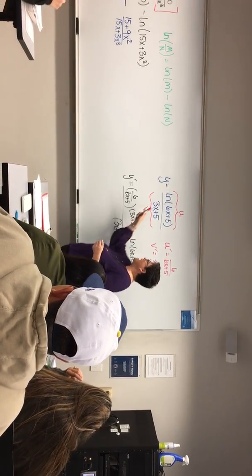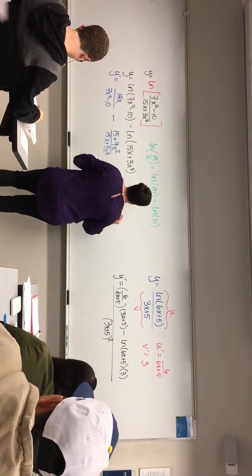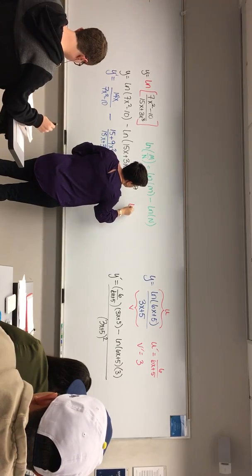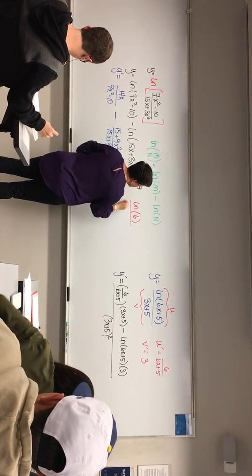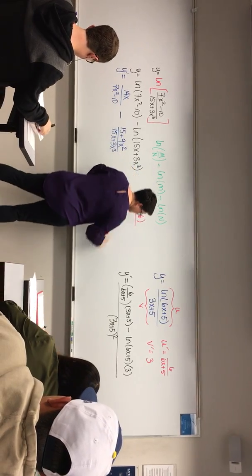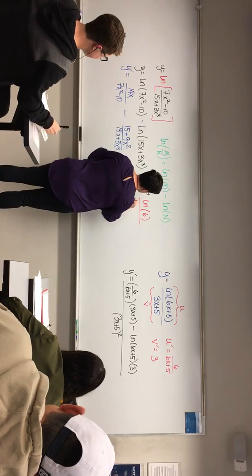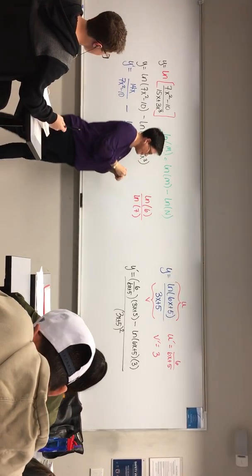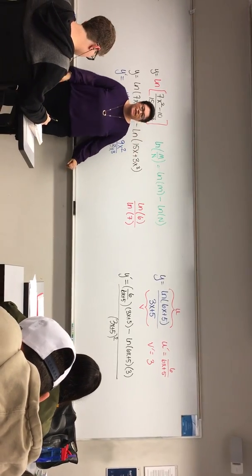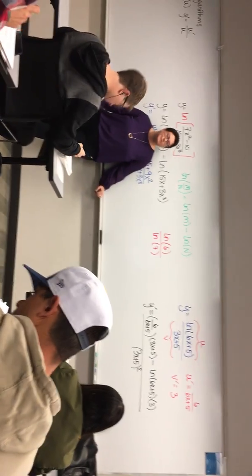Let me show you why, if this were natural log of 6x plus 5 over natural log of 3x plus 5, that would work. I want you guys to take a look, in your calculators, at the natural log of 6 over the natural log of, say, 7. In your calculators, natural log of 6 divided by natural log of 7. You should get some number.